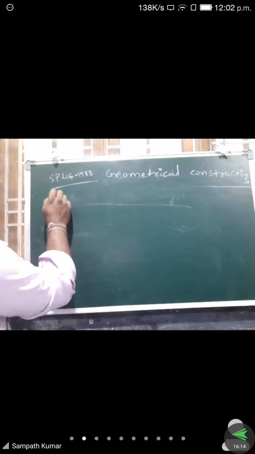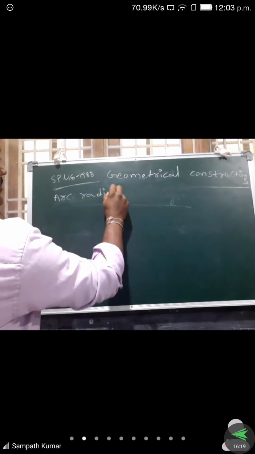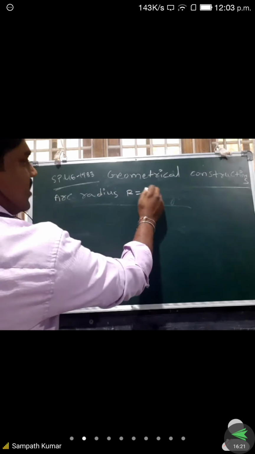Okay, the side heading is to draw an arc tangential to a line and passing through a point. He has given the arc radius R equals 24 mm.